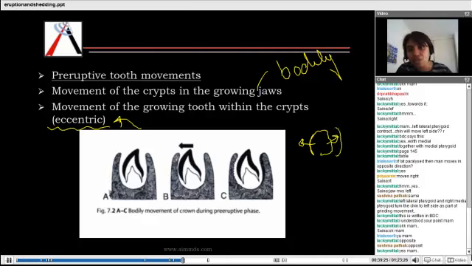Based on that, it brings about changes in the surrounding crypts, and the center of the body changes. So when bodily movement is happening, the whole crypt is moving. But when eccentric movement is happening, one part of the crypt is growing, one part is stationary. Understand the difference between the two? These are the two types of pre-eruptive movement. Are you all getting me?